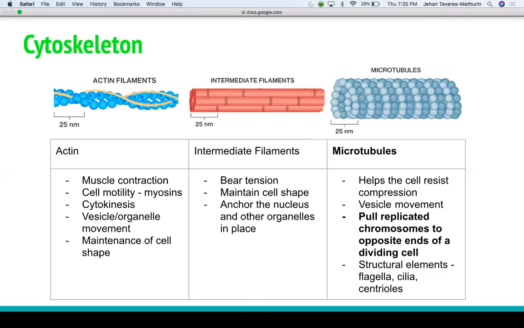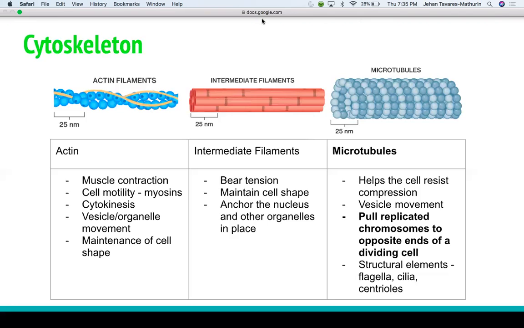Then moving on to microtubules, these are the ones that I feel like we go into most depth. They're going to be helping the cell resist compression. They're going to be moving along the vesicles. An important thing that we go over is during anaphase of the cell cycle, those are what's going to be pulling apart the chromosomes to the opposite cells, right?